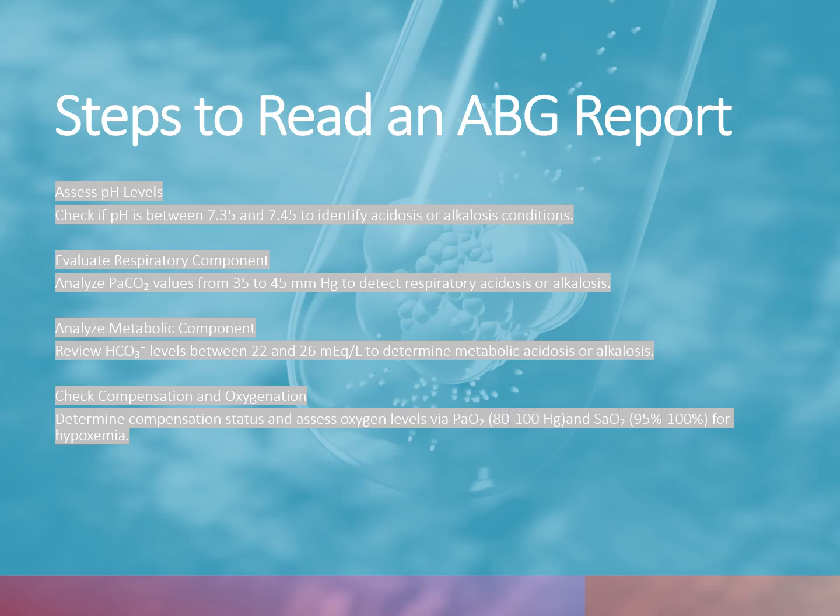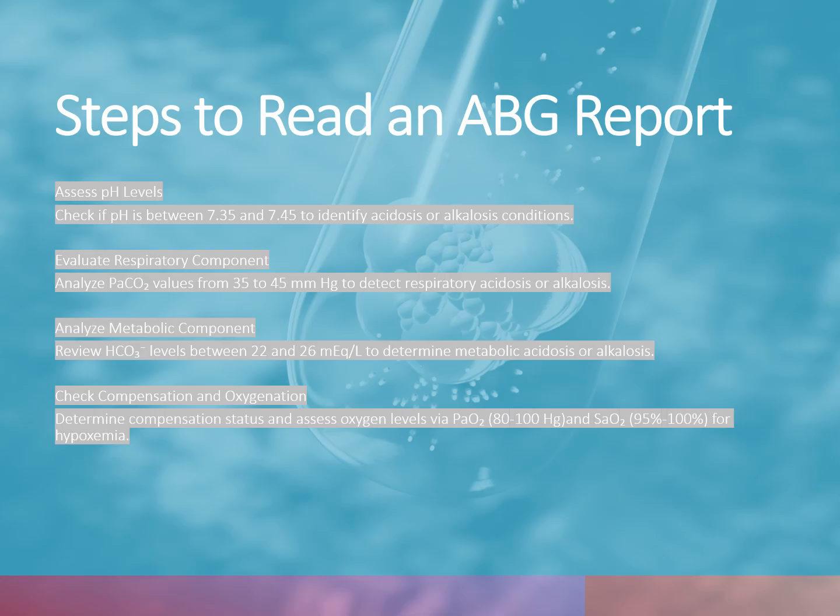Okay, and the next thing we look at, we talked about this in class, is to assess oxygenation status by looking at either your partial O2 levels, that's from your ABGs, or your saturated O2 levels. The oxygenation level should be between 80 and 100, and then your oxygen saturation should be 95 to 100%.